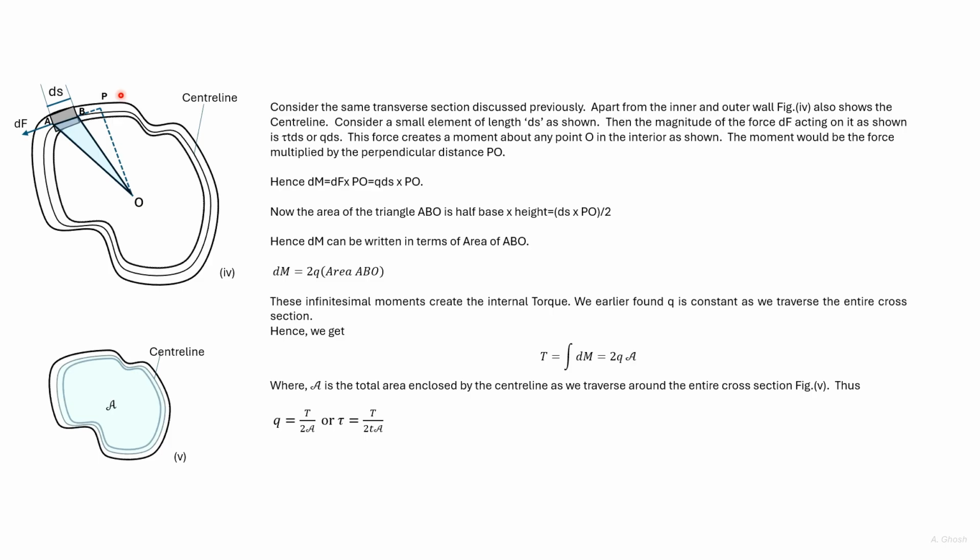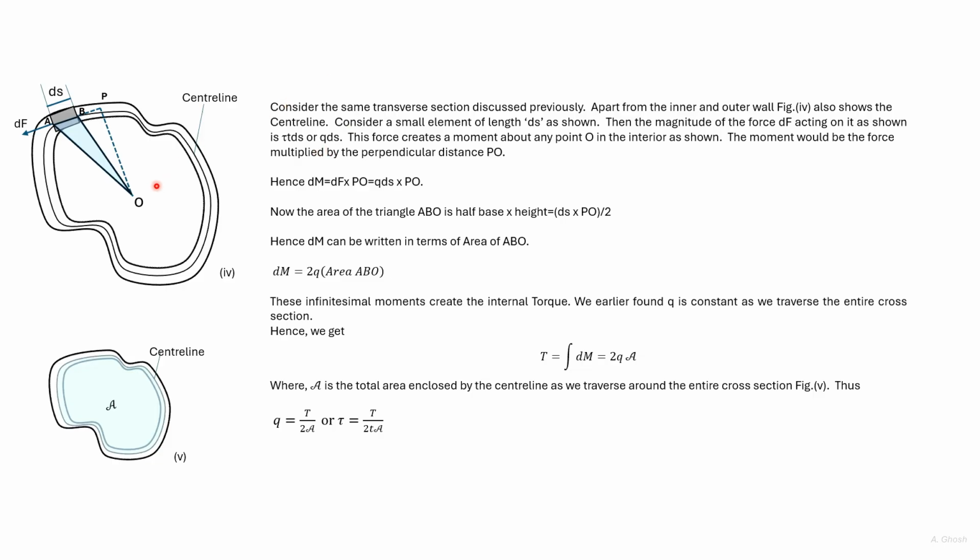Due to the shear stress, there will be a small force dF, which will be given as shear stress into the area. So dF will be equal to tau t into ds. Now tau into t is the shear flow q. So dF can be written as q ds.